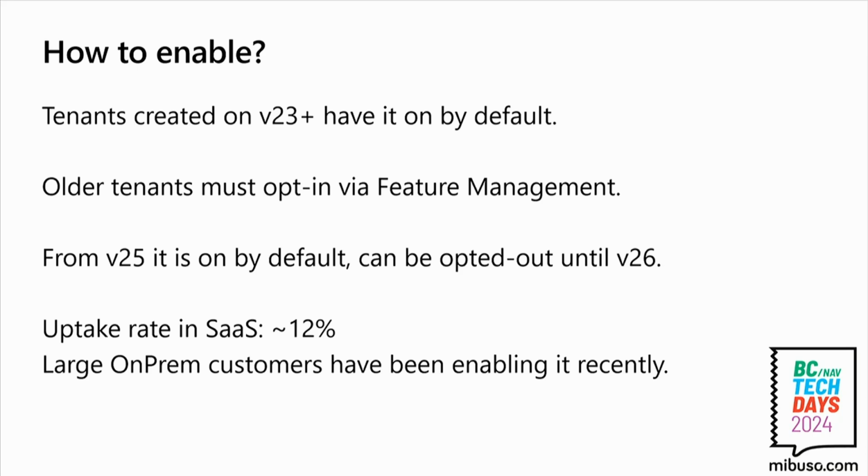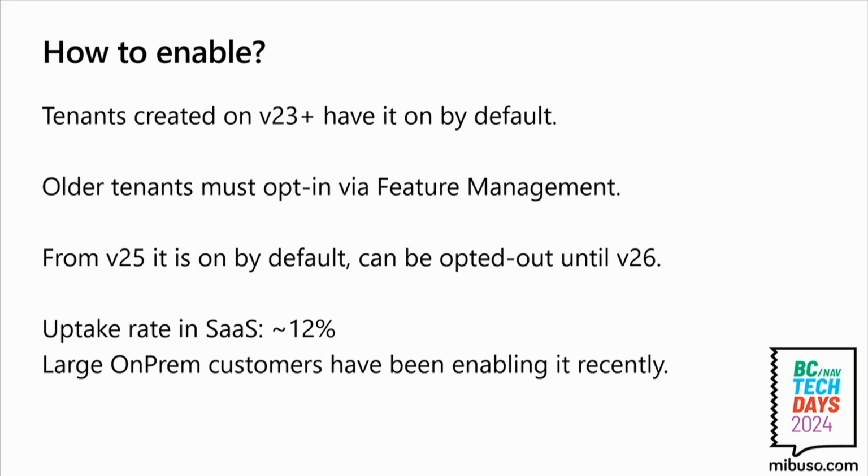Now, I hope I convinced everyone that this is great and you just want to go and have it and you're happy and everything. Well, the way to enable it, if that is you right now: tenants created after v23 have it on by default. So if you're a new tenant and you didn't disable it, it's there right now for you and you're happy. Older tenants must opt in via the feature management.